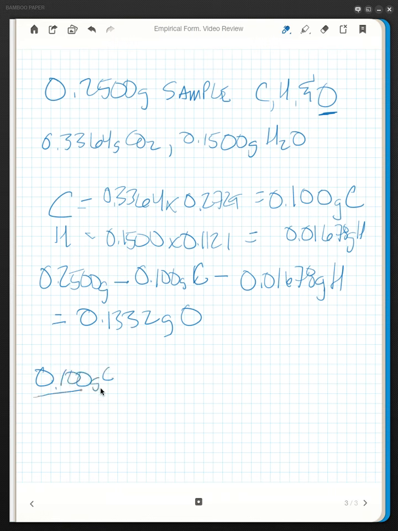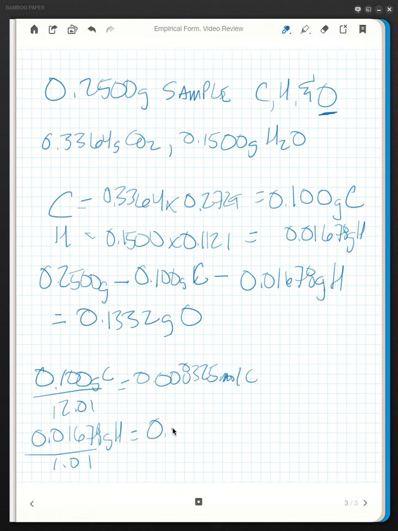0.100 grams of carbon divided by 12.01. So you end up with 0.008325 moles of carbon and 0.01678 grams of hydrogen divided by 1.01 gives you 0.01665 moles of hydrogen.